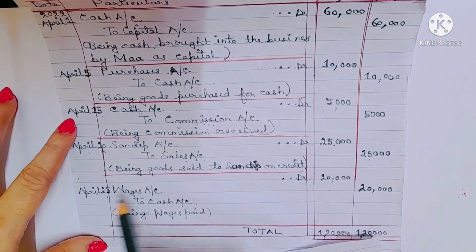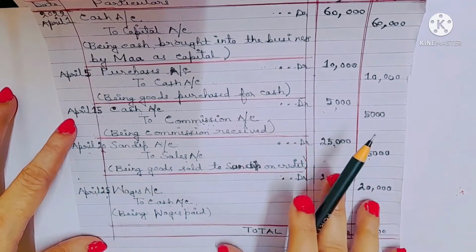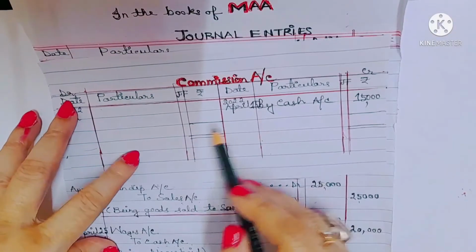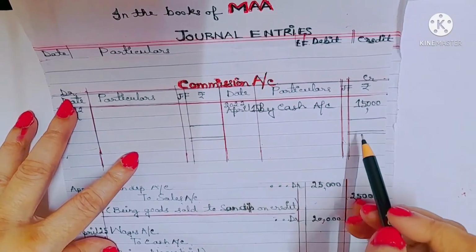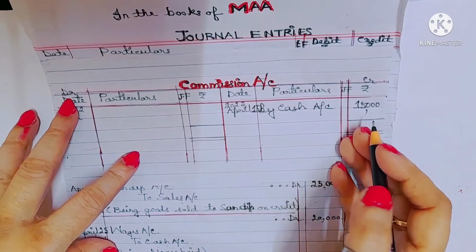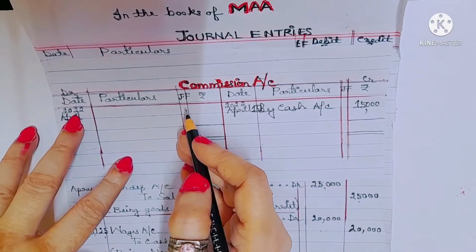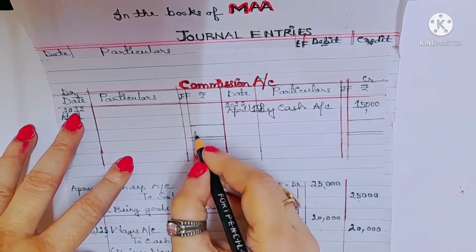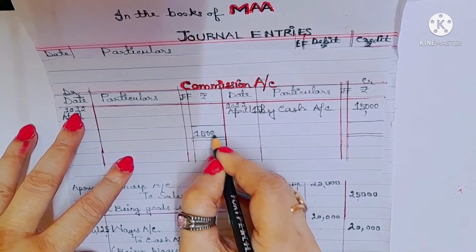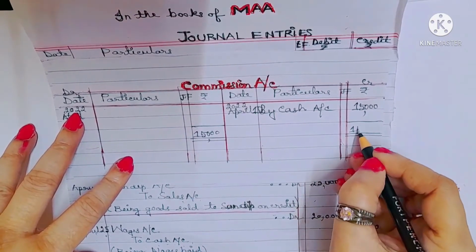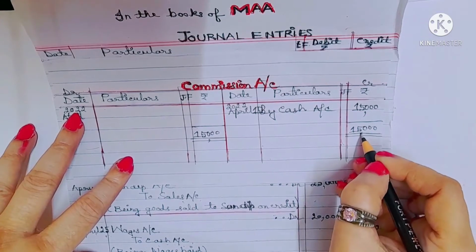On 25th April, wages account to cash account, no commission account, ignore. So now which side is greater? Obviously credit side. So credit side is greater. Since nothing has been written on the debit side, it means 0. So 5,000 will be written on both sides, because this is the rule of ledger. 5,000 on both sides, we got to balance.